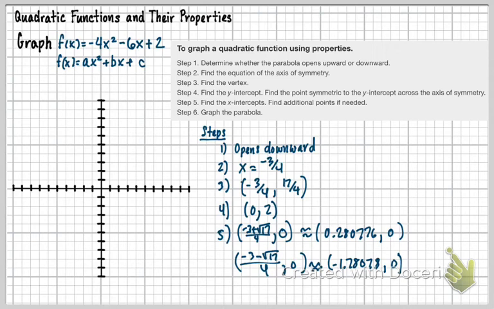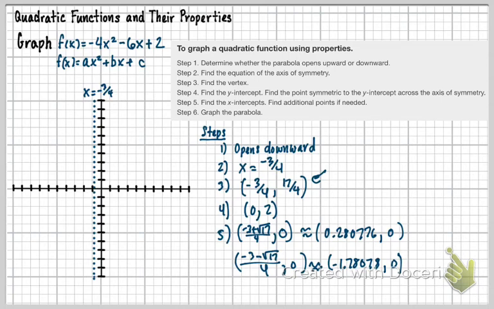And let's see how far we're going out with this. Our points are going to go out to 0.1. So I'm going to stretch this out a little bit. Any shifts, horizontal shift, our vertex is going to be this one here. So there's our equation of the axis of symmetry. That's x equals -3/4.